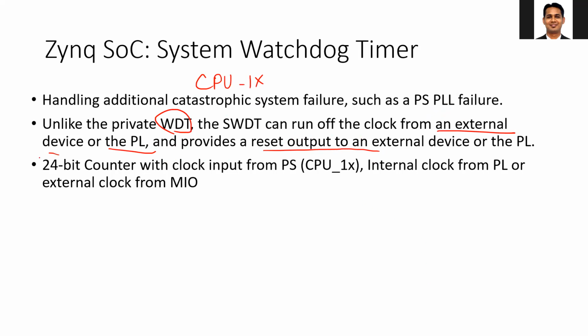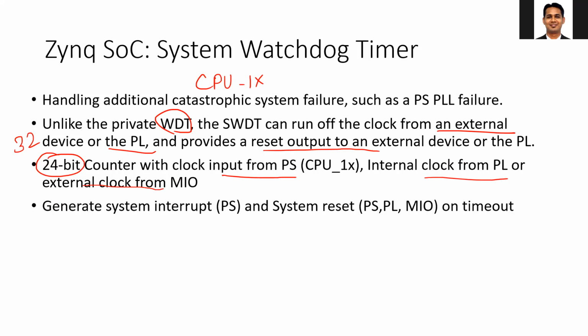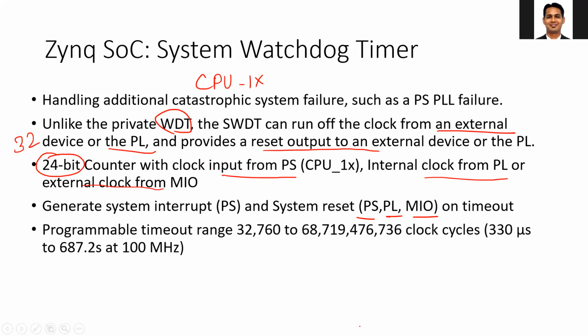It is a 24-bit counter. In the private one, it was 32-bit. This is a 24-bit counter with a clock input from the PS, or from the PL, or from external sources via multiplexed input output. It generates the system interrupt as well as system reset for the PS, PL, or external peripherals.